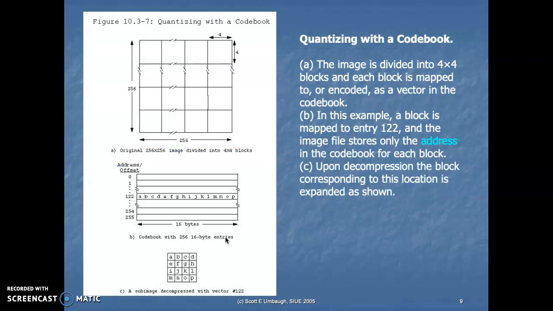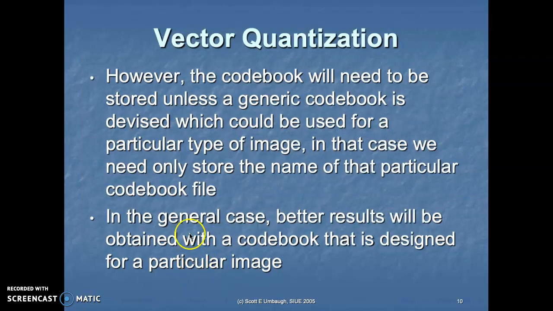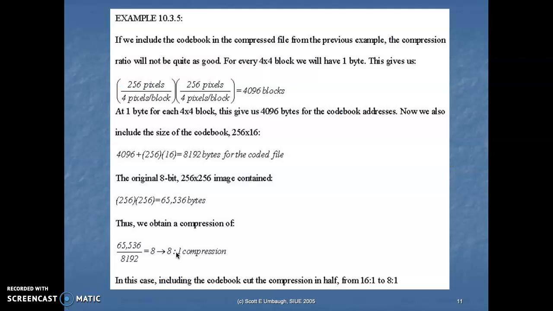In general, a better result will be obtained with a codebook that is designed for a particular image. So this is an example of how vector quantization will be done.